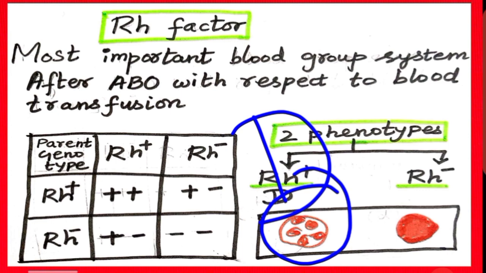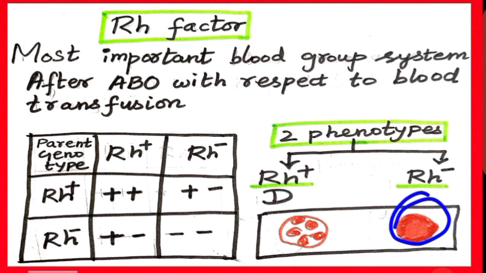So that person is Rh positive. However, if there is no agglutination, the blood sample shows no clumping. So the Rh antigen or D antigen is absent, and the person is considered to be Rh negative.